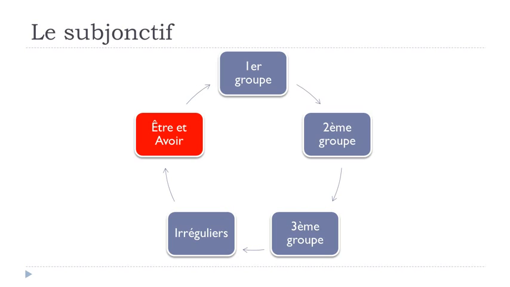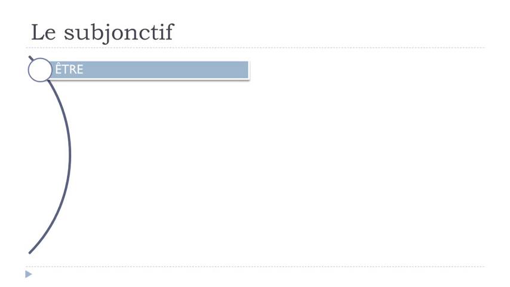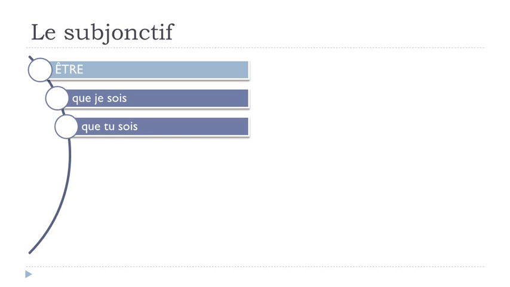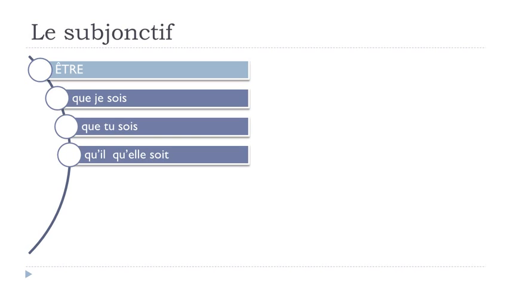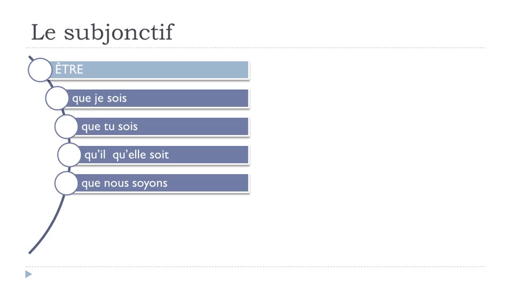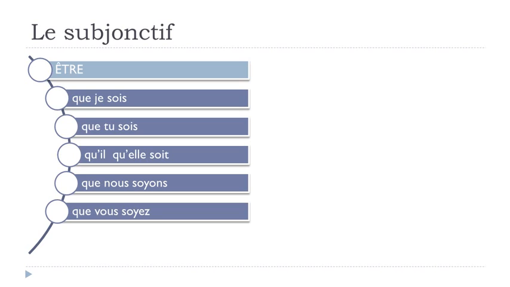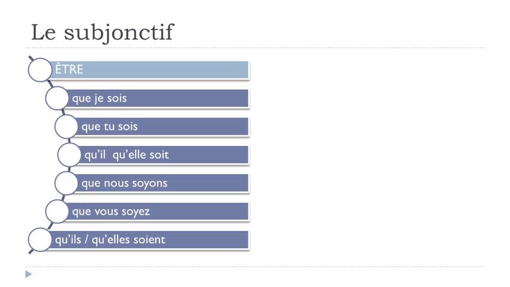And of course, we'll finish with être and avoir because they are usually quite tricky. Être, to be, will give you at the subjonctif: que je sois, que tu sois, qu'il soit, qu'elle soit, que nous soyons, que vous soyez, qu'il soit, qu'elle soit.